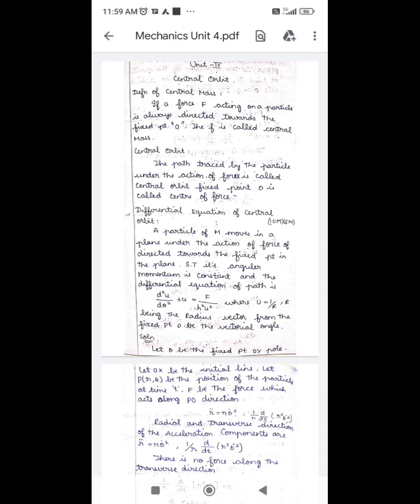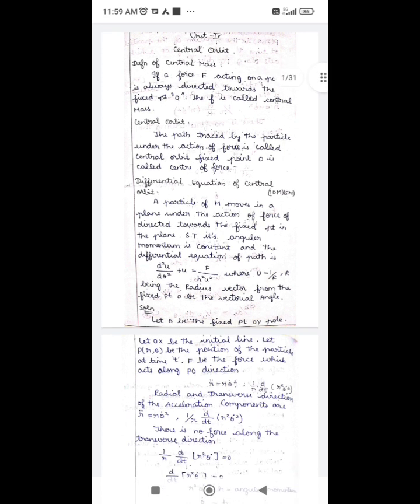Let O be the fixed point, the pole, and OX be the initial line. Let P(r, theta) be the position of the particle at a time. Let F be the force which acts along the radial direction.